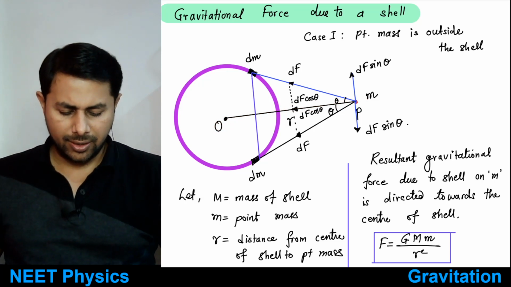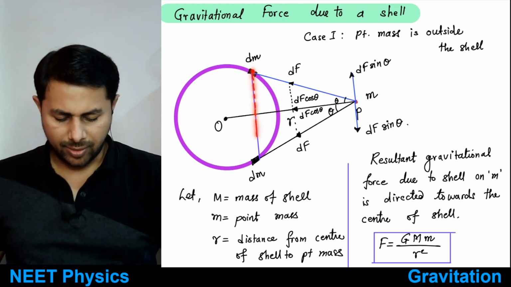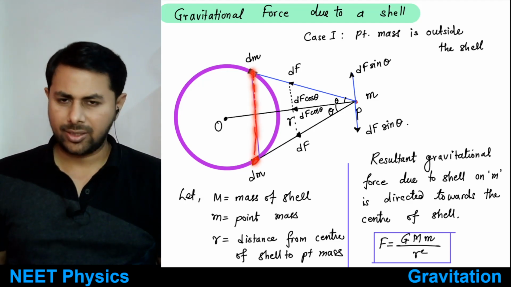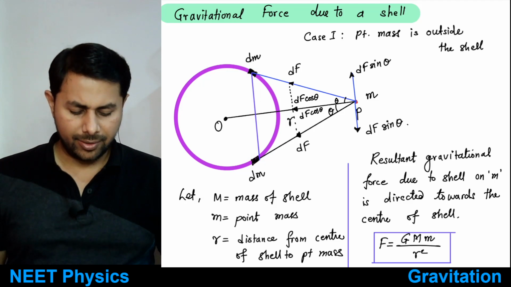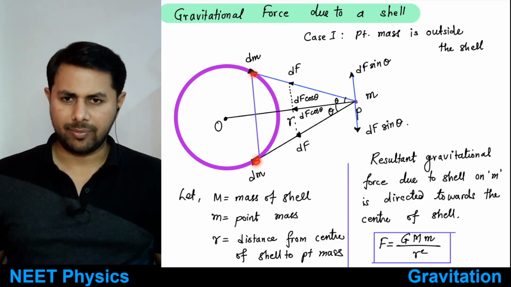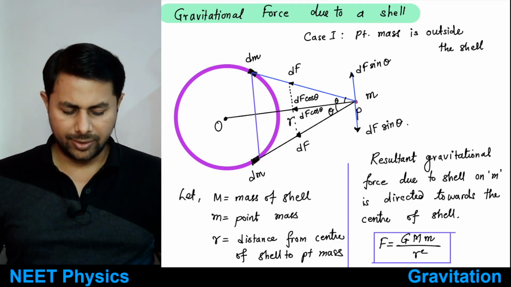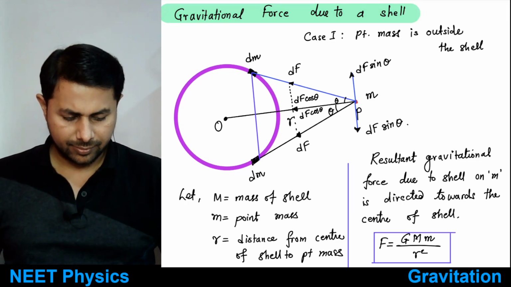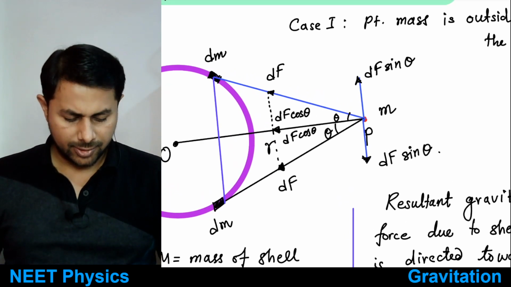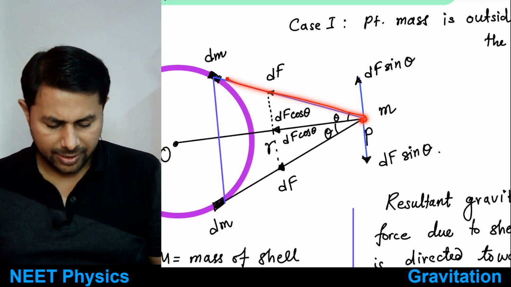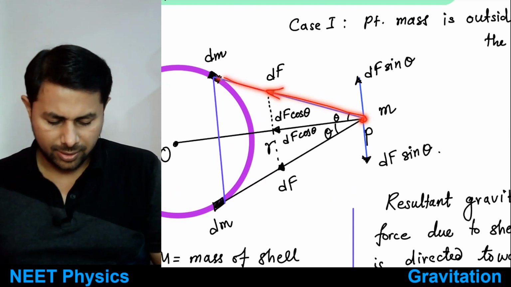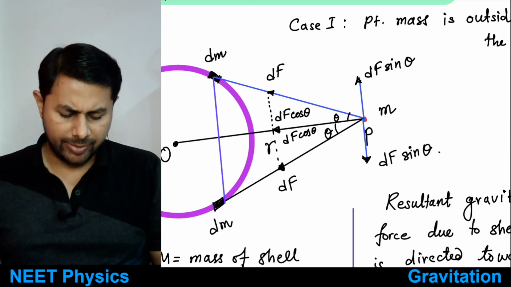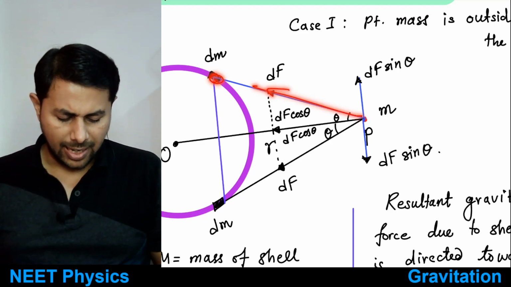Okay, then draw a perpendicular from this mass dm on that line. So it meets at some other point. Take again mass equal to this one dm on the other side also. Okay, so then now see this mass m would be attracted by dm. Okay, the mass m, small m, this point sized object, it will be attracted by this mass as well as this mass.